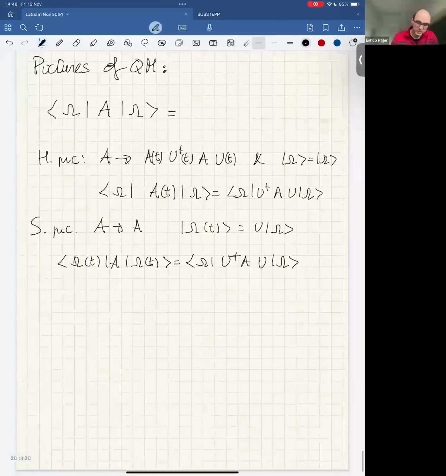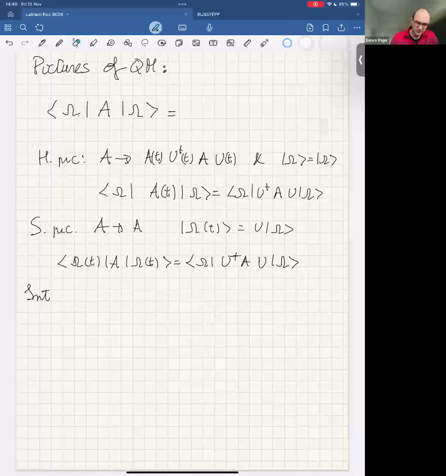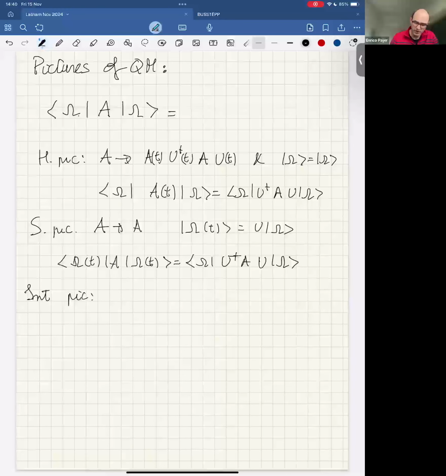And the interaction picture is doing again the same thing, computing it in a third possible way. The interaction picture says, wait a second, U is going to be the time evolution of the free theory times the time evolution of the interaction theory.